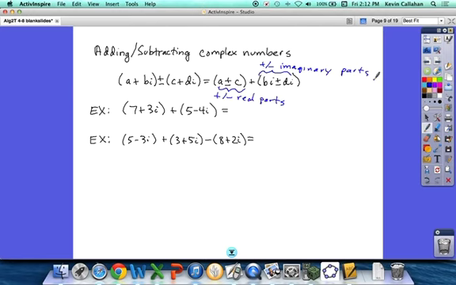So in the example, if you're going to add 7 plus 3i plus 5 minus 4i, again, add the real parts. What are the real parts of those 2 numbers? The 7 plus the 5. So when you add the 7 plus the 5, you get 12.